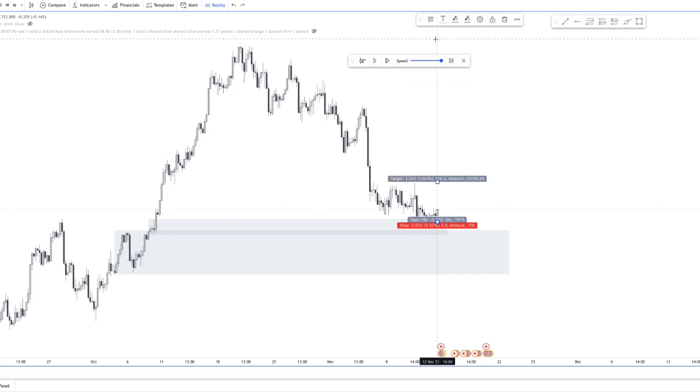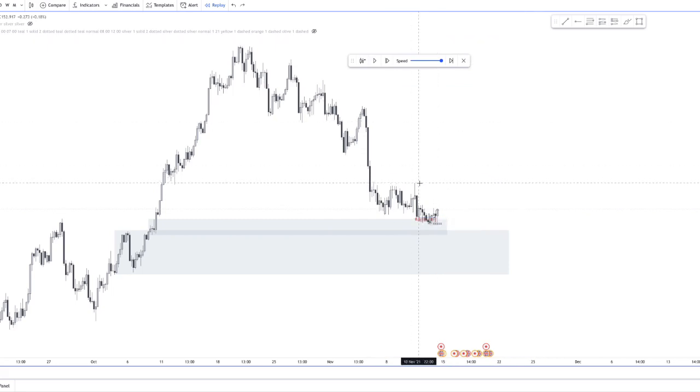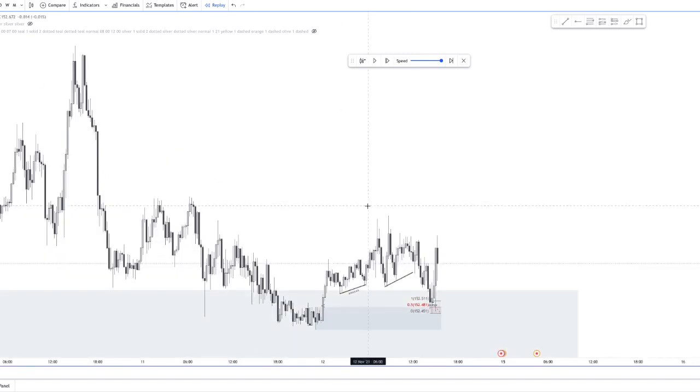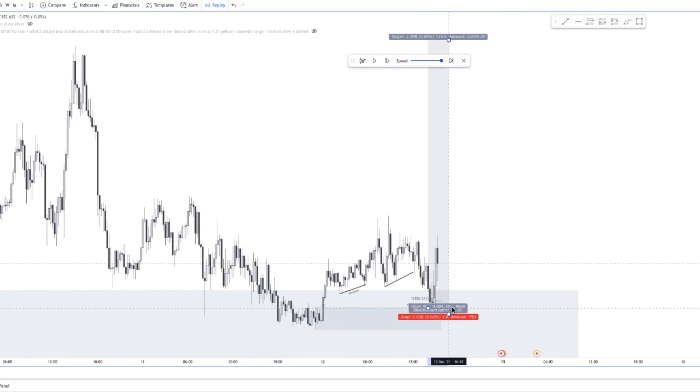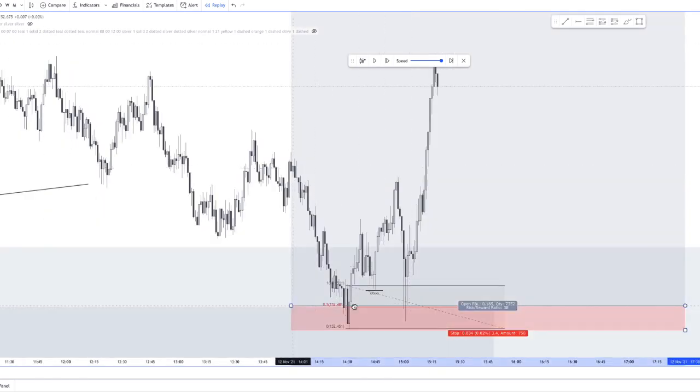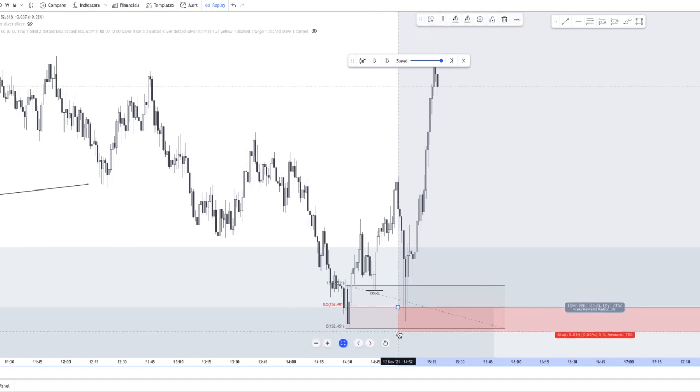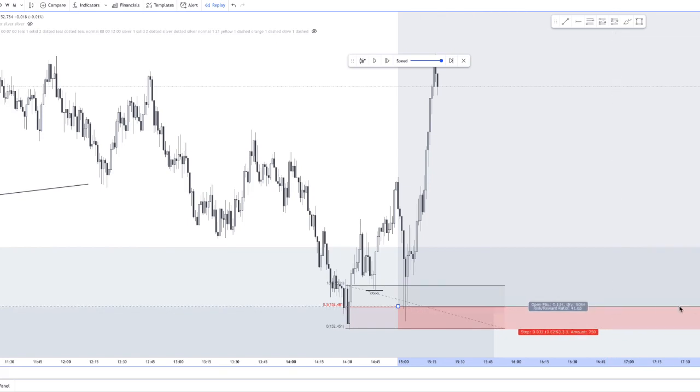But realistically, this level is the best one. So we have this trade, and we have this risk reward, basically 1 to 40.